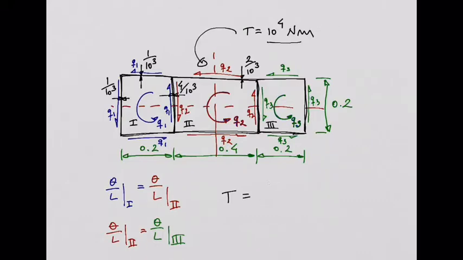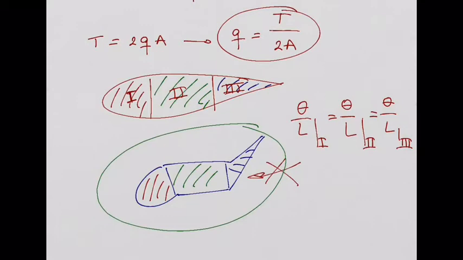Or, maybe it's better to write for this example something like this: it is equal to 2 times A1 Q1 plus 2 times A2 Q2 plus 2 times A3 Q3. This equation, 2AQ, is the equation we derived last week, remember? That relates the torque with the shear flow.